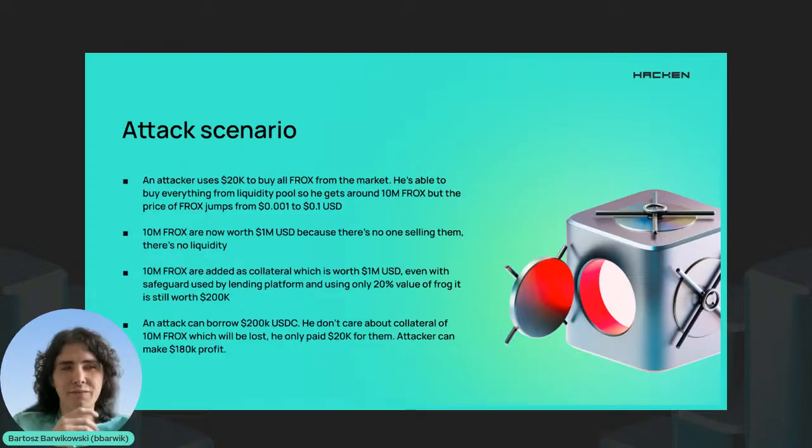But from what I heard, later he was released from those charges. The charges were dropped, but he was sentenced for something else. OrangeFi, was it called? I don't remember. But if you search for this lending platform, $100 million. Okay, I will find it for you. We have time.